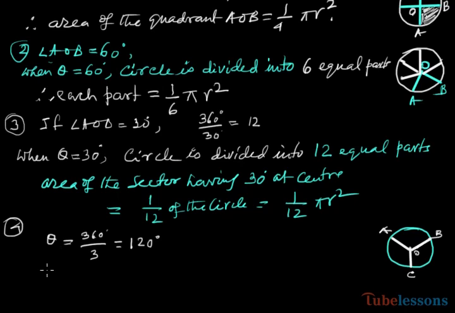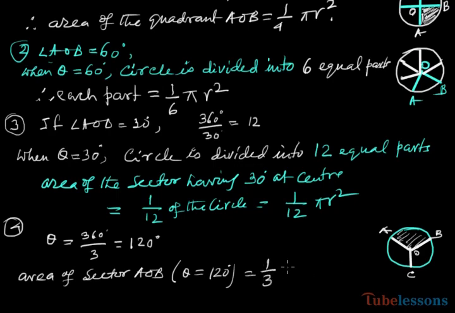And area of the sector AOB in this case when theta is 120 degree, it is 1/3 of the circle area of a circle. So 1/3 pi r square units.